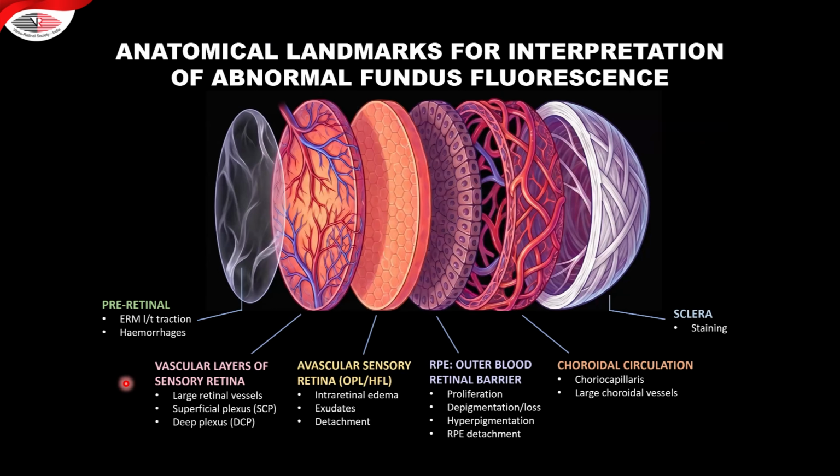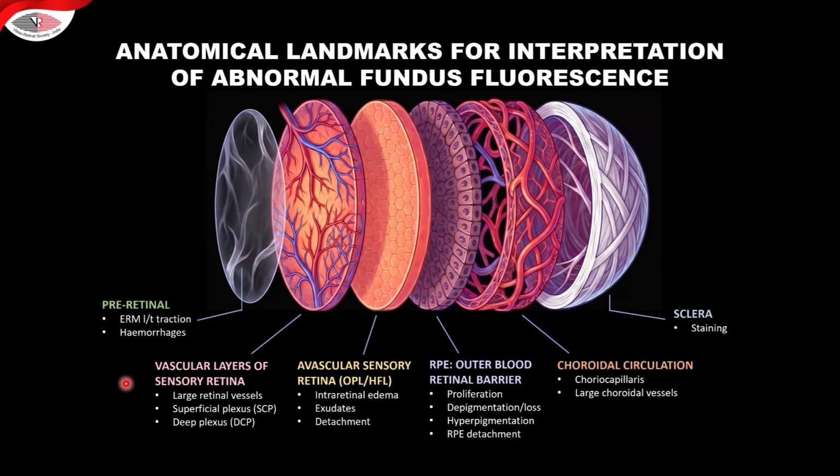These are the anatomical landmarks through which we interpret abnormal fundus fluorescence. So we go step by step from the pre-retinal area, which could have epiretinal membranes or hemorrhages, tractions, to the vascular layers of the sensory retina, where you look at the retinal vessel perfusion, the superficial and deep plexus, and then the avascular sensory retina, the OPL and the HFL, where intraretinal edema, exudates, and detachment would manifest.